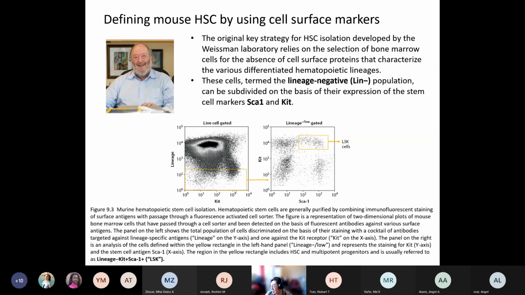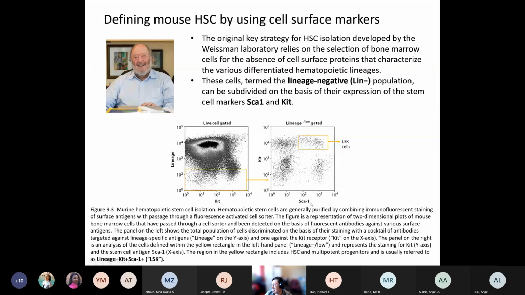So somehow, the c-KIT didn't play a role here because, along the x-axis, you should see increased expression of c-KIT, but they didn't care. They just capture the lineage negative or low cells and put these cells through another analysis. In flow cytometry, this is called gating. You gate these cells, you get this lineage low or negative cells, and then you make these cells go through another analysis.